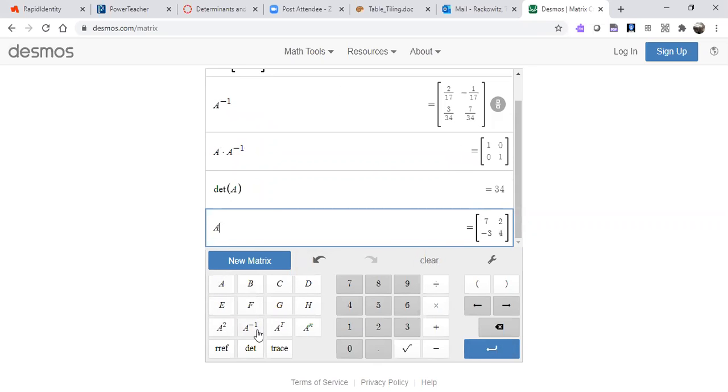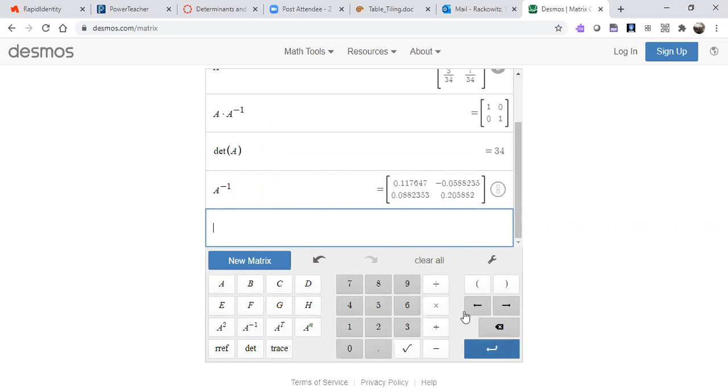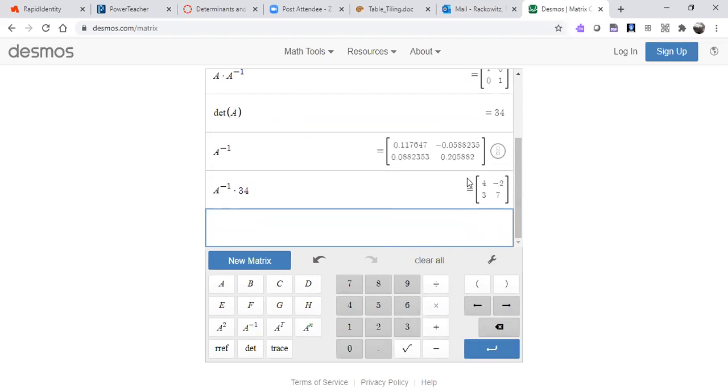So if I do the inverse of A and multiply it by its determinant, you'll see you get whole numbers back. And that's always going to work because we're going to look at the determinants. Let me write this out for you. So it was 34.